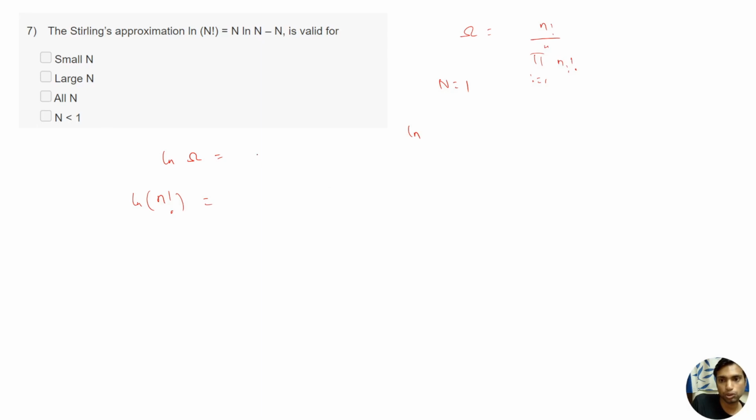Then we used the logarithm of this: ln n factorial minus the sum over i equal to 1 to r of ln n_i factorial. Then, since this n is really large, we said that we can use the Stirling approximation. This is where we had used Stirling approximation.